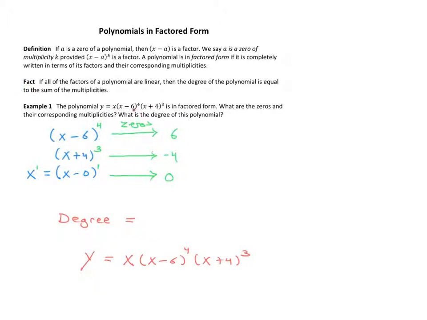If all of your factors are linear, and they are x plus 4, x minus 6, and x, the degree of this polynomial is going to be equal to the sum of the multiplicities. So what I'm going to do is put a 1 here, and note that the multiplicity here is 1, the multiplicity here is 4, and the multiplicity here is 3. That means the degree of this polynomial is 1 plus 4 plus 3, or simply 8.